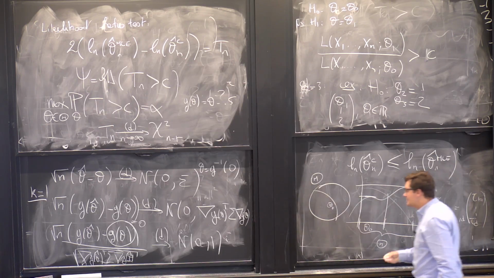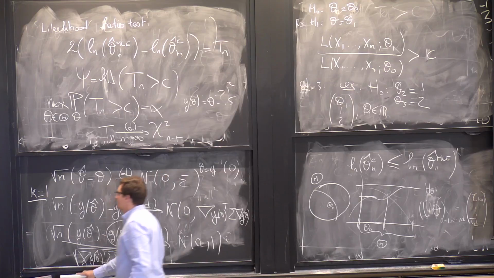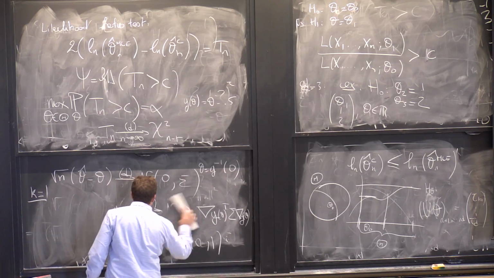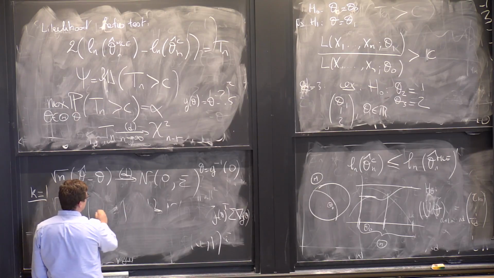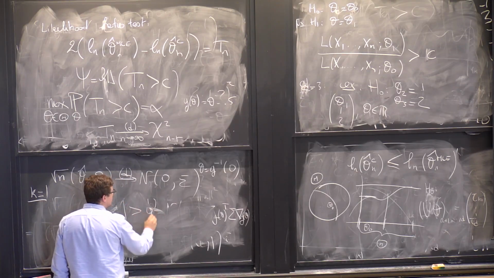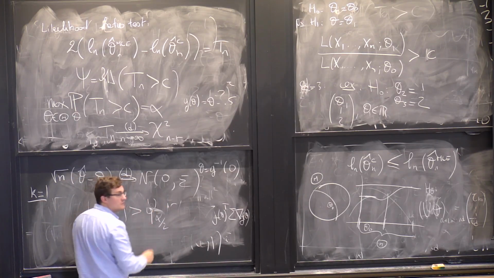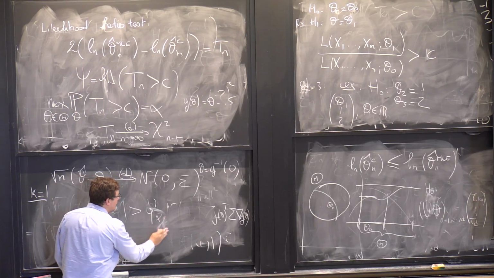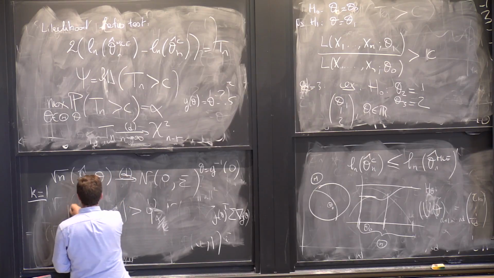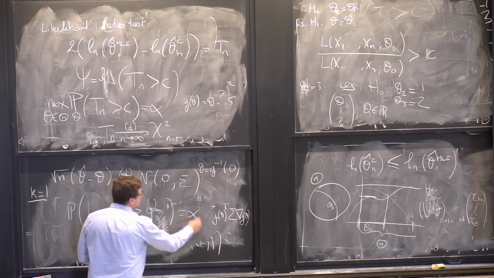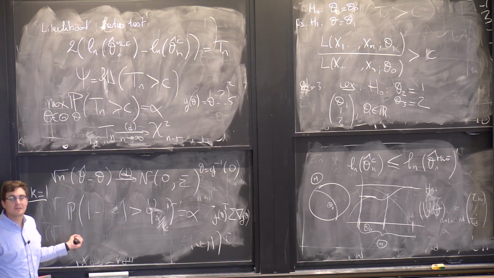So if k is equal to 1, this is completely equivalent to looking at the absolute value of something and checking whether it's larger than, say, q alpha over 2. That's q alpha over 2. So that the probability of this thing is actually equal to alpha.